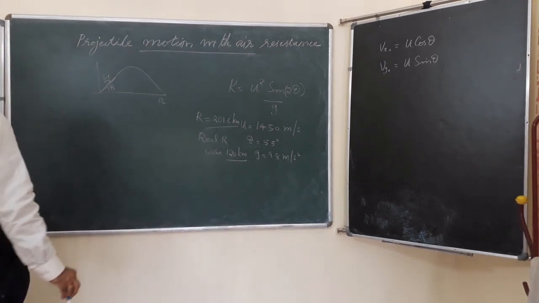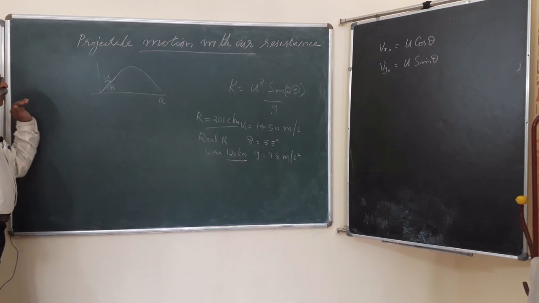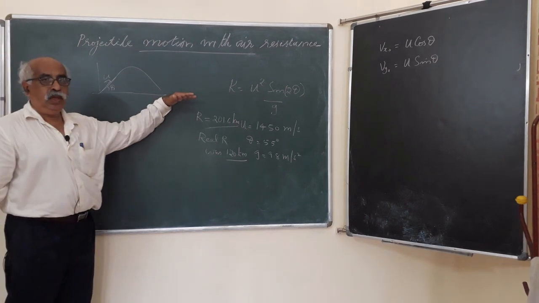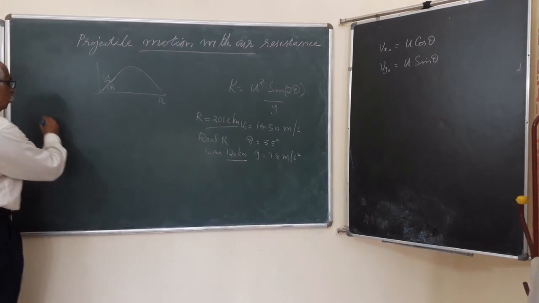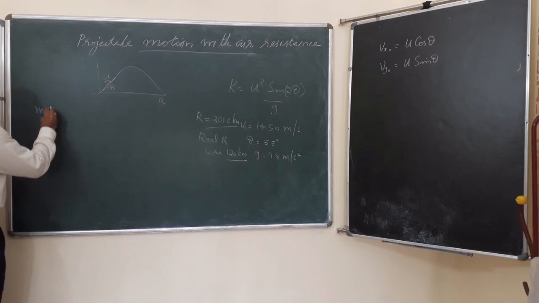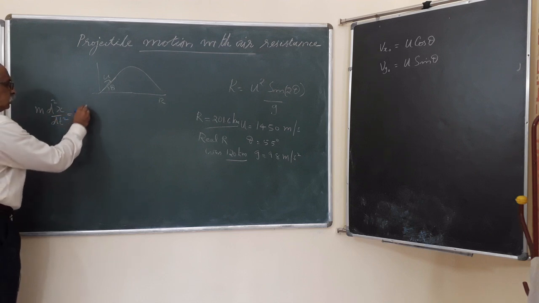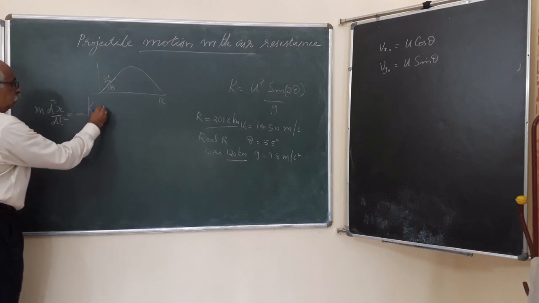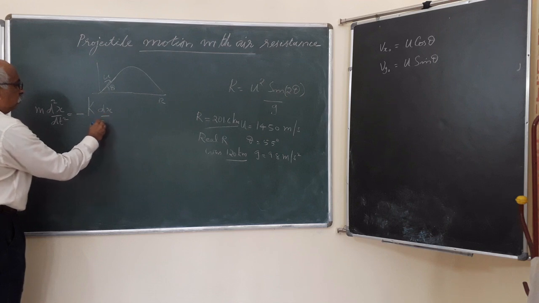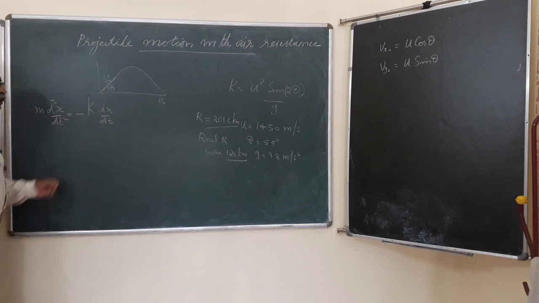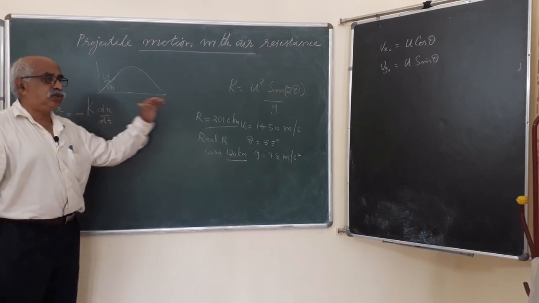Now, let us write the force equation for the x direction. In the x direction, the force equation will be m d square x by dt square is equal to minus k times dx by dt, where dx by dt is the velocity in the x direction.